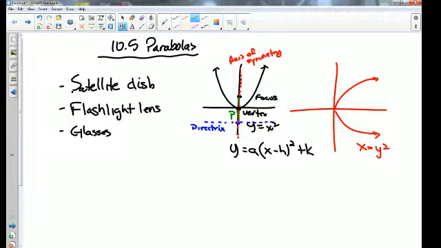Okay, in our formula we'll have a p. That distance there is p. That little distance right there is p, right? Like focus.